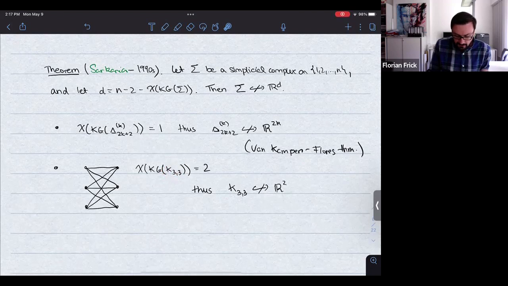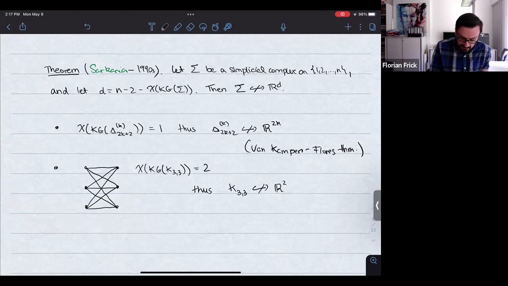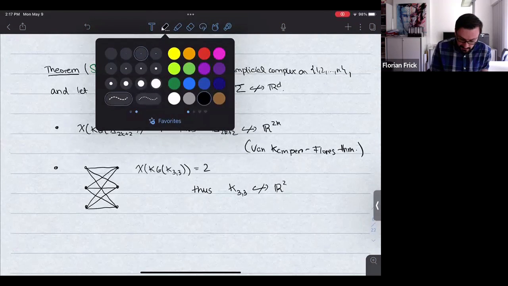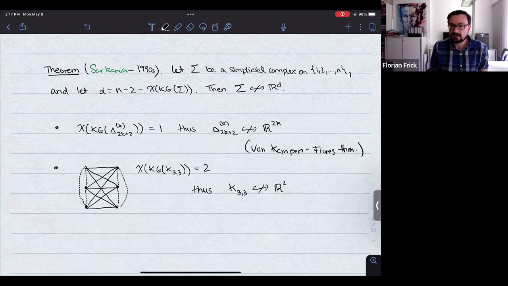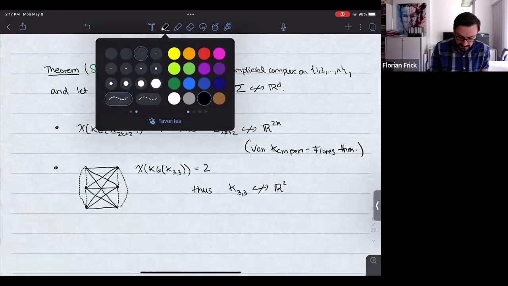Similarly, K33, the complete bipartite graph on 3 and 3 vertices, is not planar. Okay, what are the non-faces? I guess I can be fancy and do such a thing. Here are the minimal non-faces, and it's enough to care about the minimal non-faces. 3 edges on the right and 3 edges on the left are the minimal non-faces.